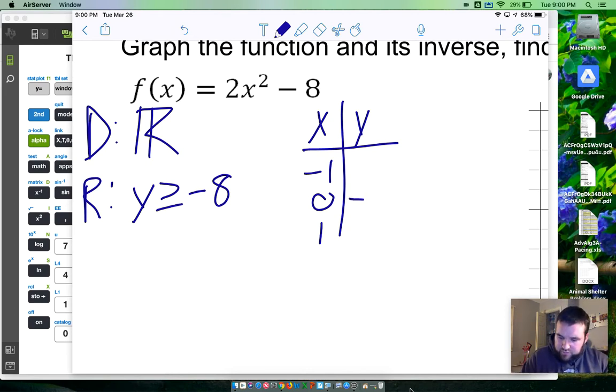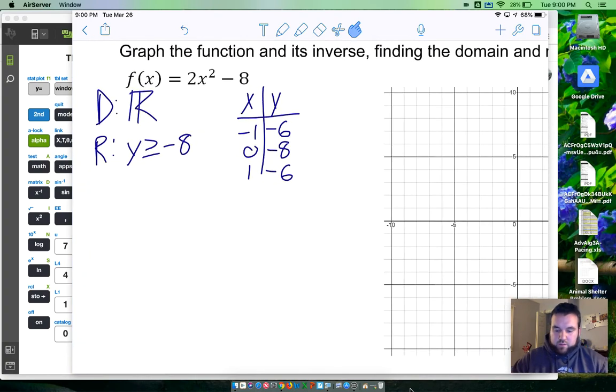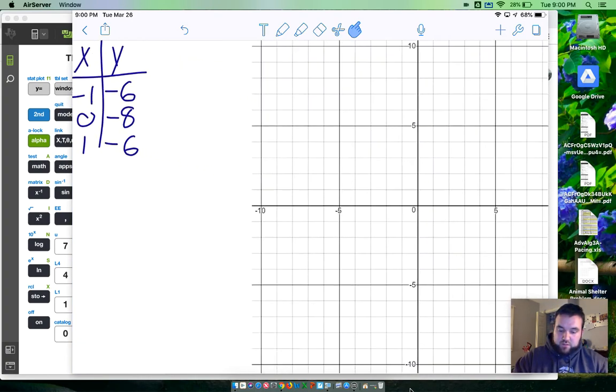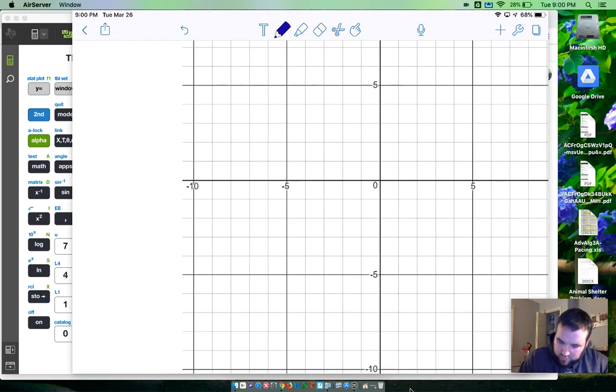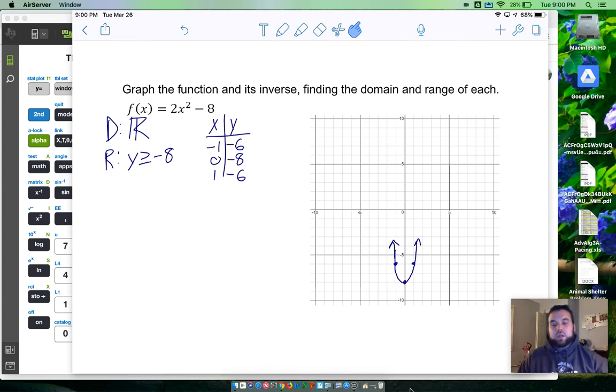The values you end up getting will be -6, -8, and -6. So if I plot those points, (-1, -6), (0, -8), and (1, -6), I can see how this is going to be a parabola. So I know it's going to look something like that. Both sides are going to continue going up.